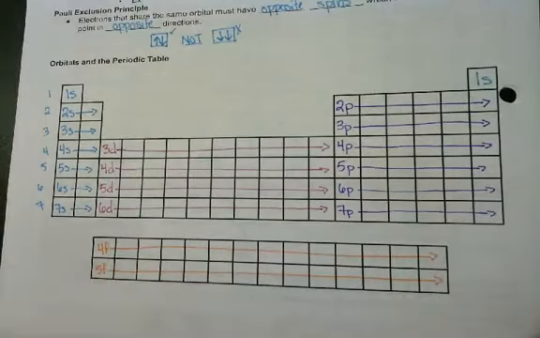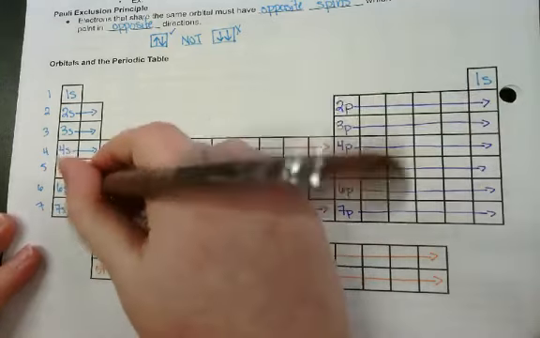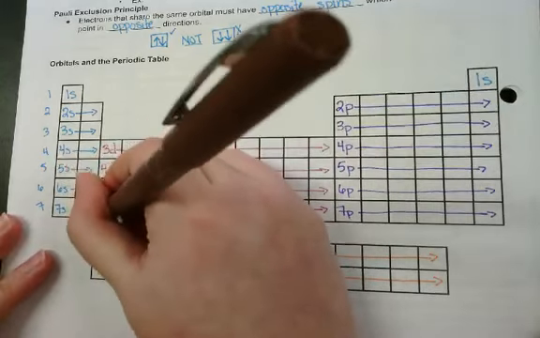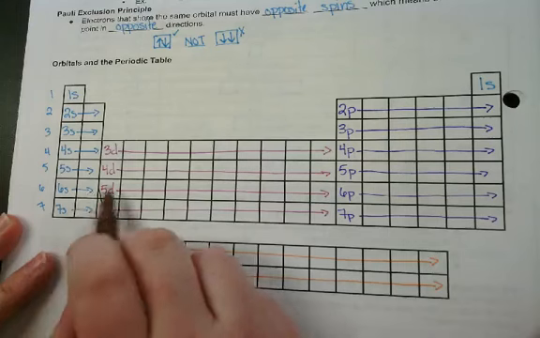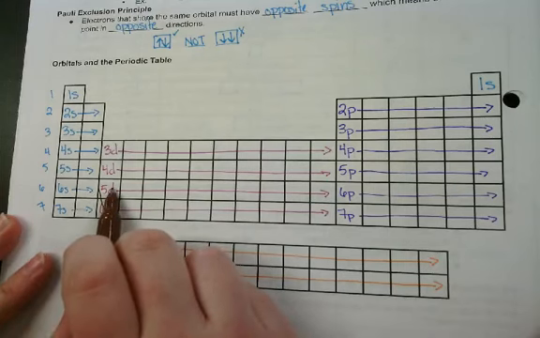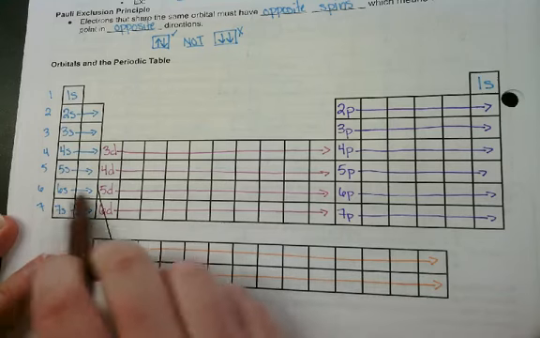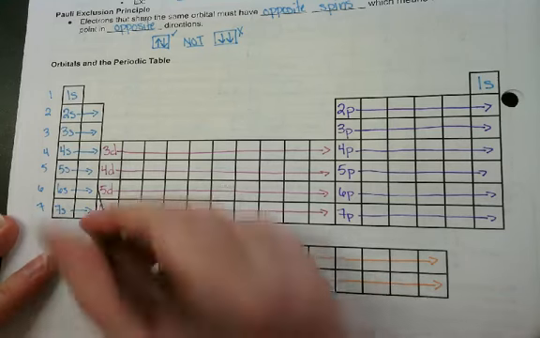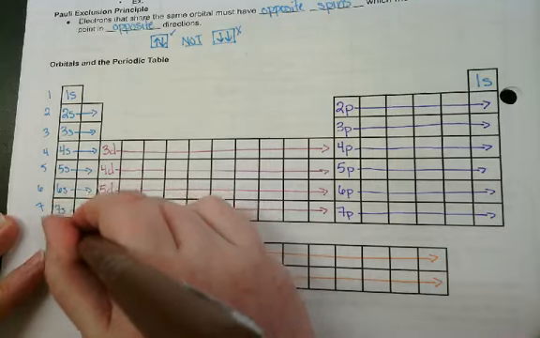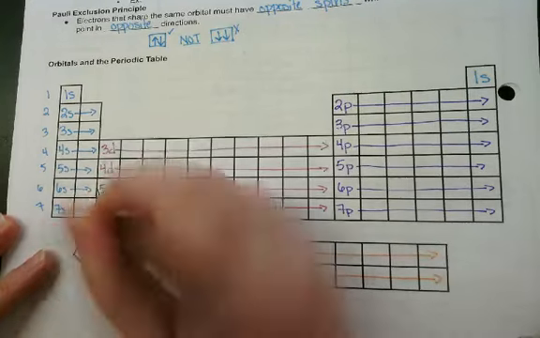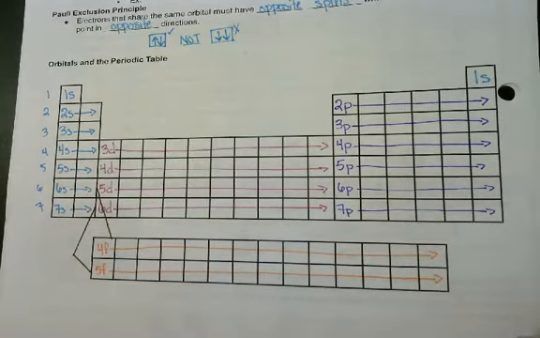So really what I'm going to do is show that 4F actually comes in between 6S and 5D. So our 4F here would be in between our 6S and our 5D, and then the 5F would be in between our 7S and our 6D. That's where they go.